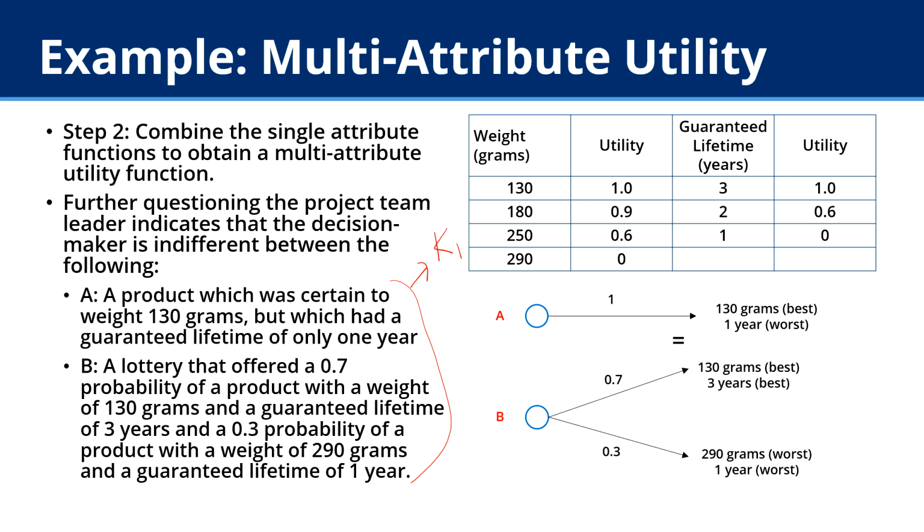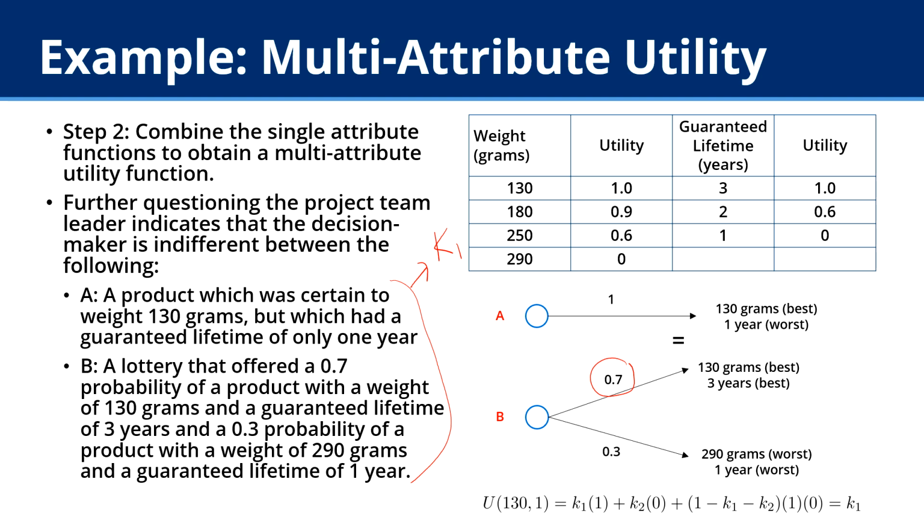So if you look at this bottom tree here, you're going from the best to the best to the worst of the worst. So basically, this is K1. The 70% here is the value of K1. Okay, and then the 0.3 is 1 minus K1. And we can tell by looking at this equation where this comes from.